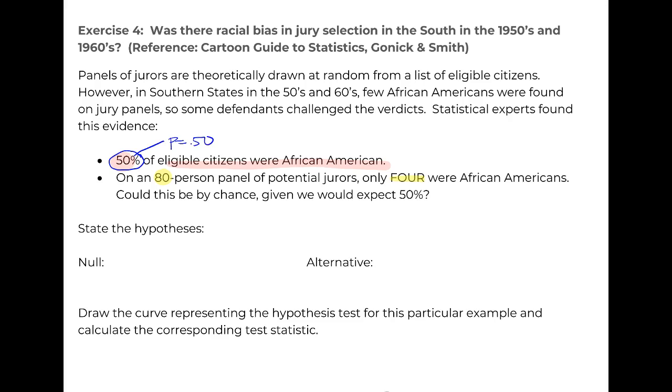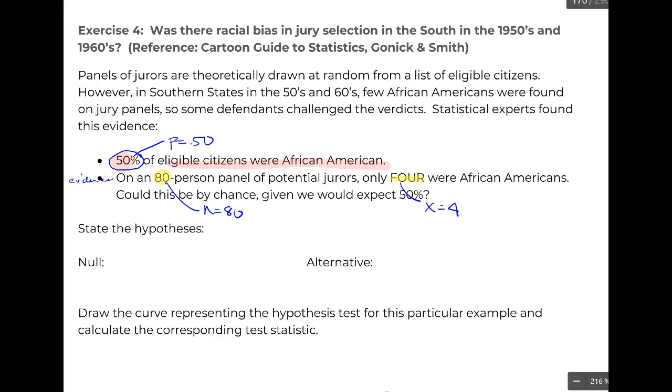However, in an 80-person jury panel, which should be a randomly selected thing, we only got 4 that were African American. So this is typically what we'll see in these questions about hypothesis testing for proportions. We'll have some value that we're testing, and then we will have our evidence, essentially. So this is what we want to know, and this is our evidence.